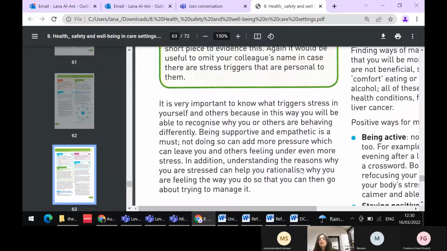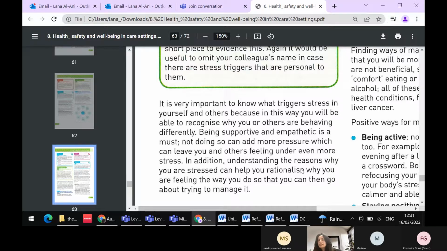Like you need the training. If I need to do manual handling for one of the clients because she can't move from her chair or wants to go back to her bed, and I don't know the right procedure, this will give me stress, and especially if my manager wasn't there.